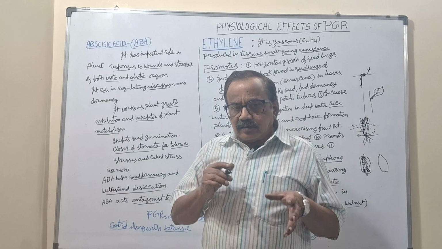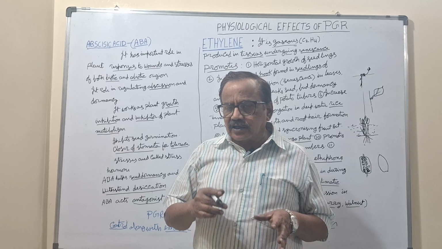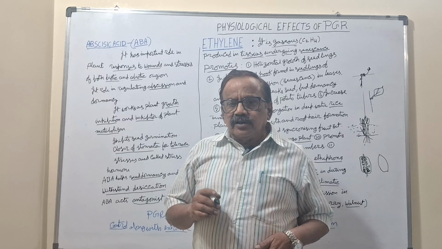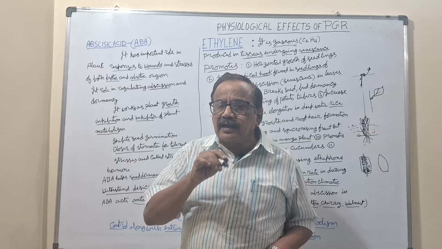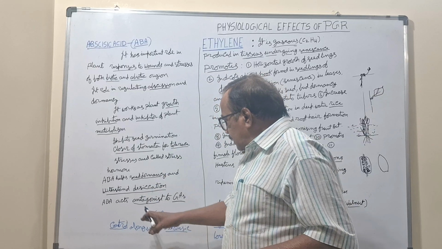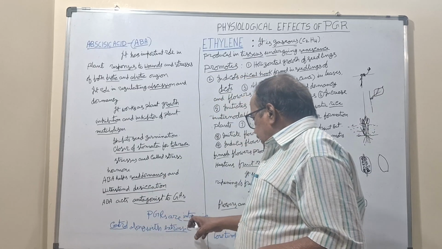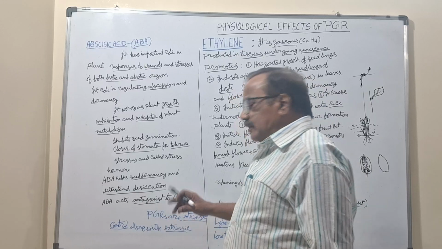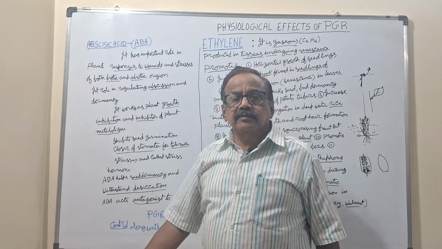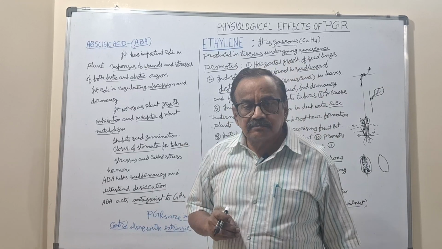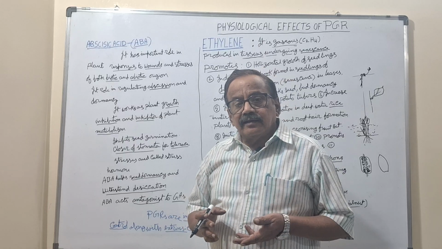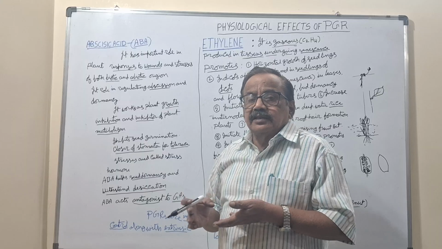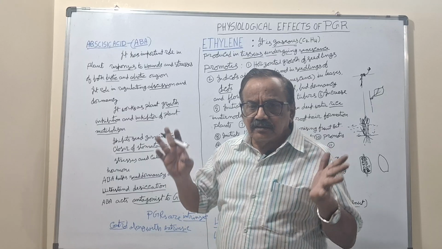And the production and work of these phytohormones will depend upon their intrinsic and extrinsic characters. Intrinsic means genetical. Genes must be there. Whenever it is required to produce such a thing, it is under the control of the gene.